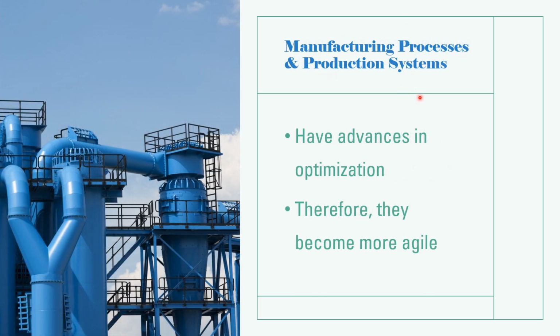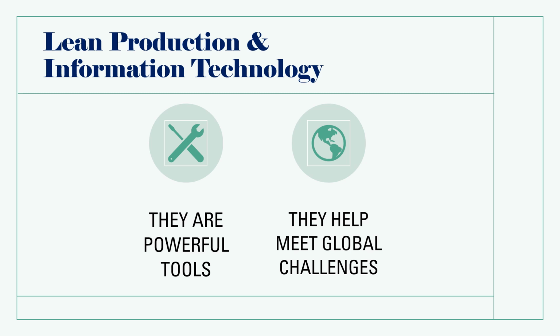So when we take a look at the manufacturing processes and production system, what are we seeing? We see they have advances in optimization, so they become more agile, meaning we can move the production flow more quickly and also easily. Then we have lean production. We all know lean production, lean technique, lean methods, very powerful methods.